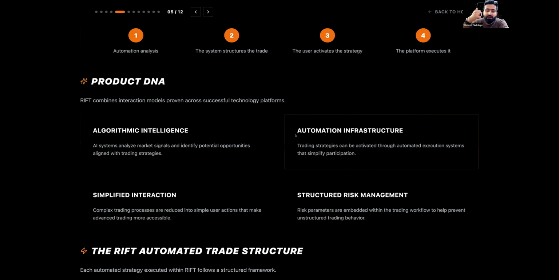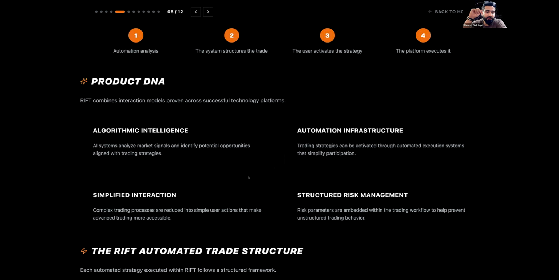Then comes the automation infrastructure of Rift that aligns trading strategies, and it can be activated through automated execution systems that simplify participation. This is our automated trading infrastructure engine that we have built. Then there is simplified interaction, in which the product is built for both human and automated trading.